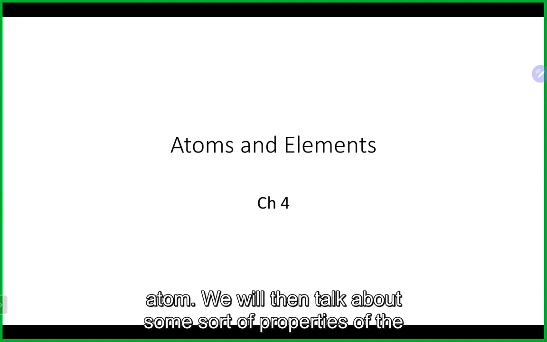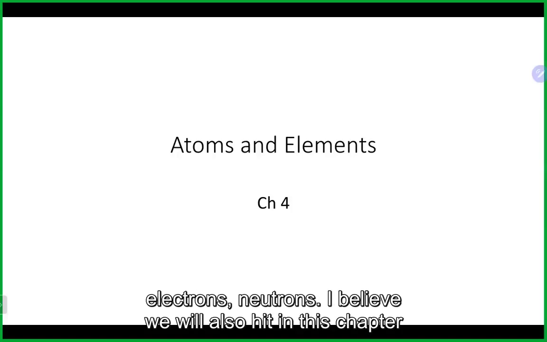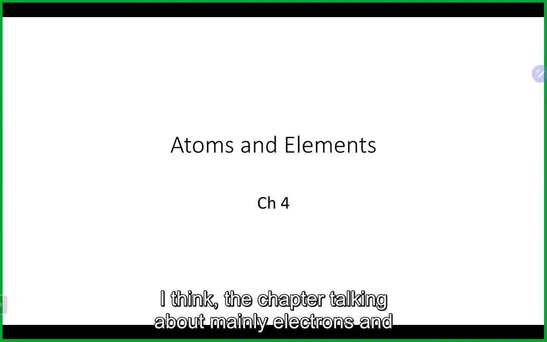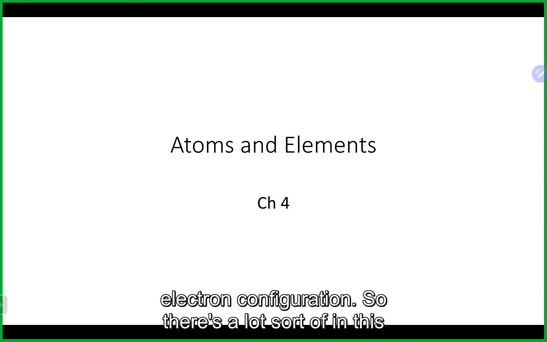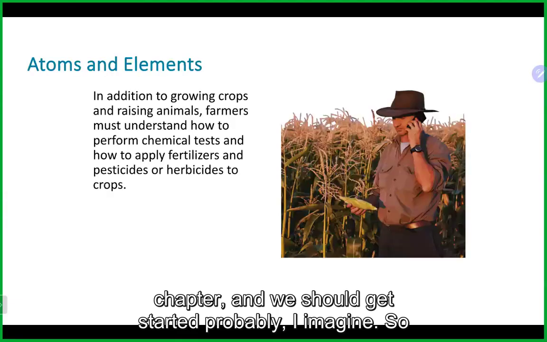We will then talk about some properties of the atom, things like mass number, atomic number, protons, electrons, neutrons. I believe we will also hit the periodic table in this chapter. And we will finish up talking mainly about electrons and electron configuration. So there's a lot in this chapter, and we should get started.